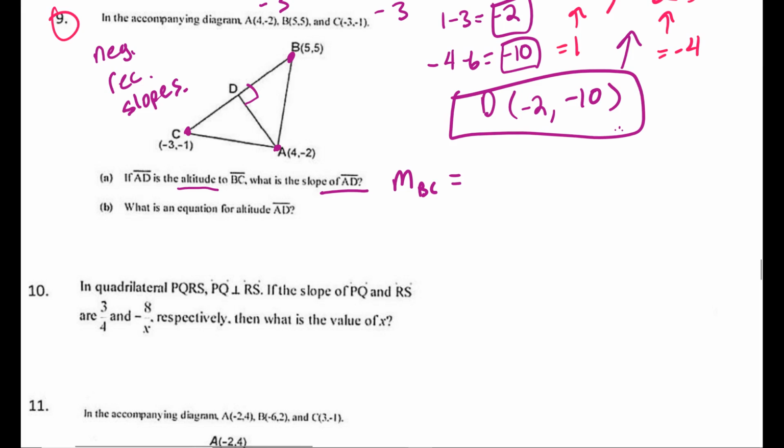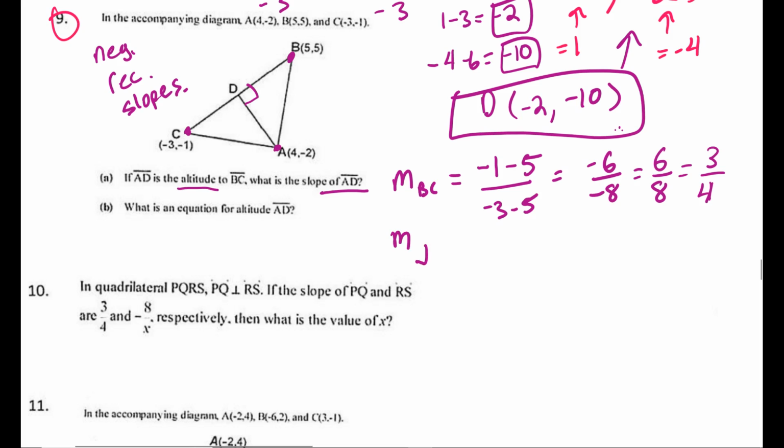So -1 minus 5 over -3 minus 5 is just -6 over -8, or +6 over 8 because the two negatives cancel, or if you reduce, just 3/4. So the slope of the line perpendicular to that is the negative reciprocal, so -4 over 3. This is the slope we want if we're talking about the altitude, which is perpendicular to BC.